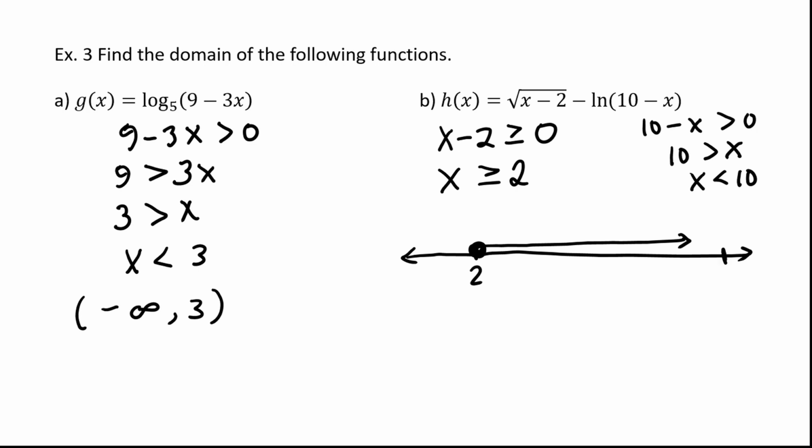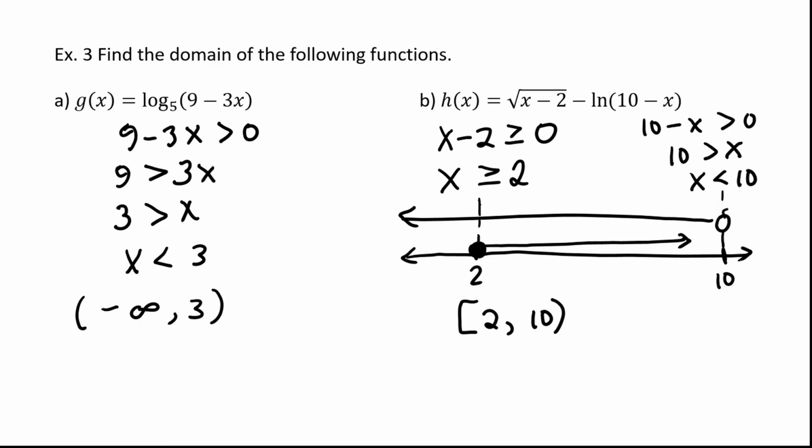So I'll mark 10 on the number line, but I'll use an open circle to indicate that it is not included, and x is all to the left. Now, we must have the most restrictive domain, and so that's where both of the lines occur, and it appears to occur between 2 and 10, where 2 is included and 10 is not.